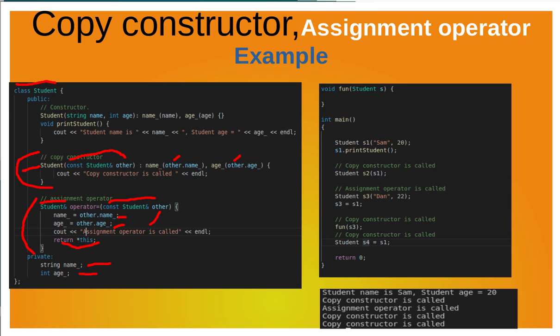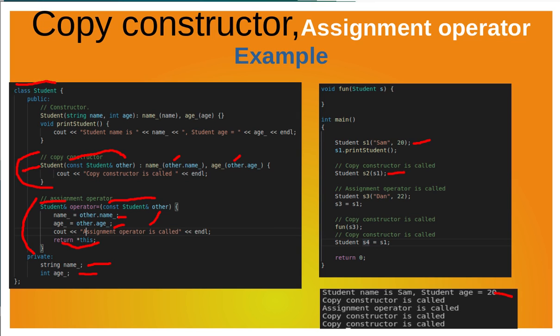On the right side here, we used the class student. Here I defined student S1, has name Sam and age 20, as you see in the output here. In this line, this is the first use case of copy constructor.